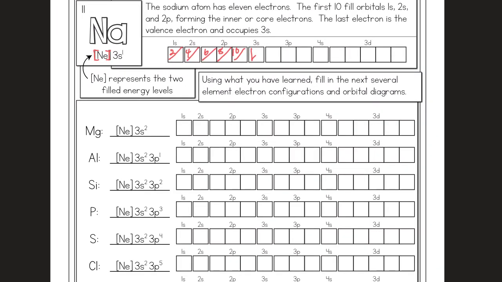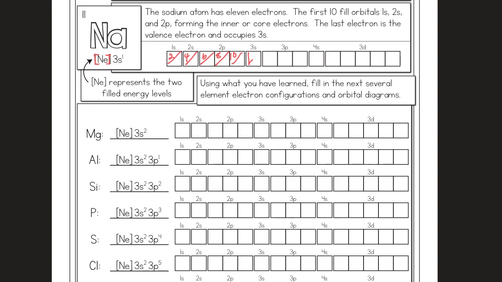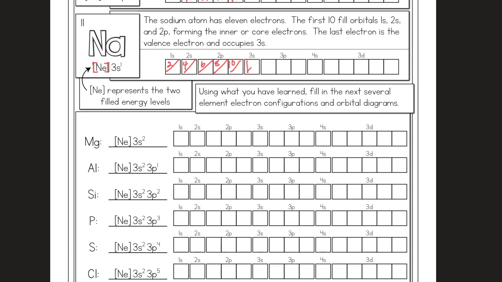So now I'm just going to fill in a couple of these, and I'm going to use the shortcut with the noble gas abbreviation. So magnesium has 12 electrons, aluminum has 13, silicon has 14, phosphorus is 15, sulfur is 16, chlorine is 17, and argon has 18 electrons.